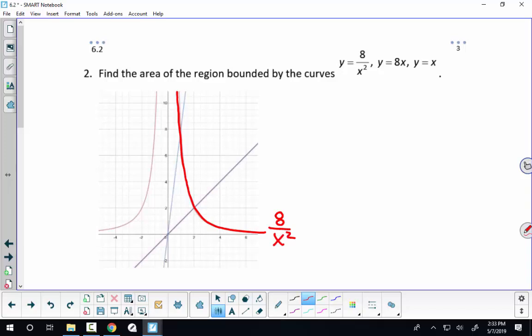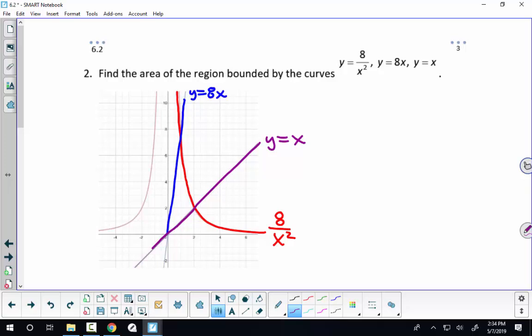Y is 8x, so that's in blue. And y equals x. So it says find the area of the region bounded by those three things.